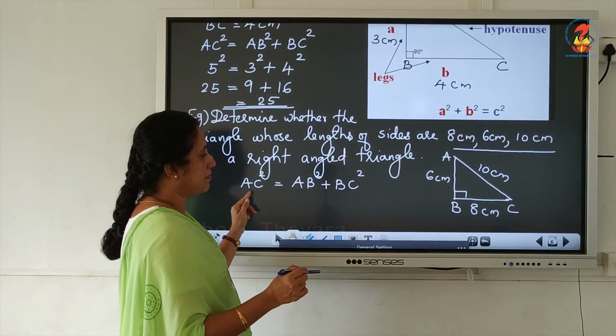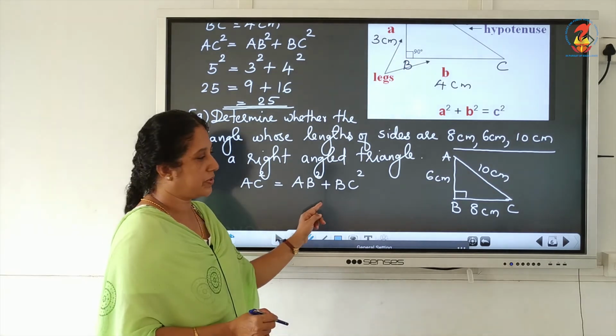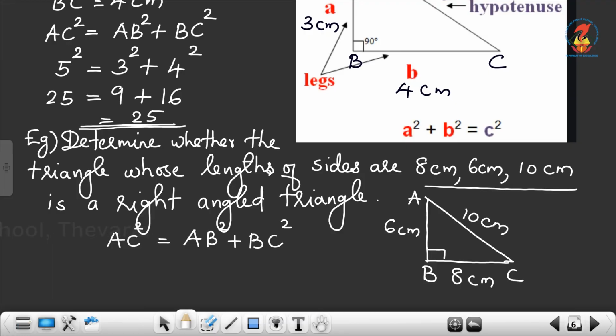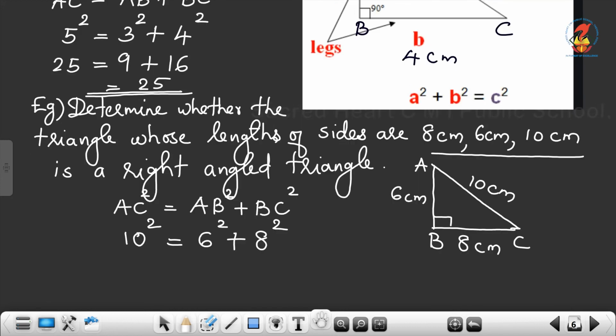Now substitute the values. AC equal to 10 centimeter, so we can write 10 square, the square on the hypotenuse, equal to AB square, AB is 6, so 6 square, then plus BC is 8 centimeter, so 8 square.